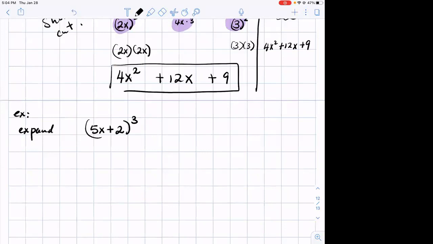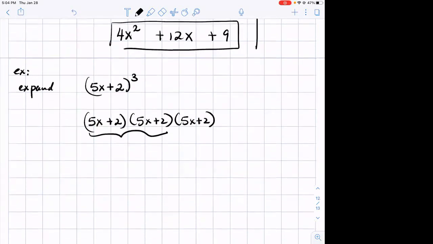But before we get to the cubic formula, keep in mind that this is the same as 5x plus 2 times 5x plus 2 times 5x plus 2. And if you know how to foil this out with a shortcut, you could multiply that out first. If you multiply that, you'll get 5x squared plus 2 times the 5x times the 2 plus 2 squared.